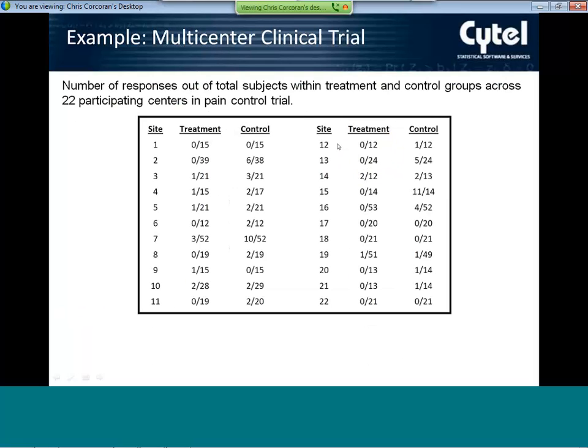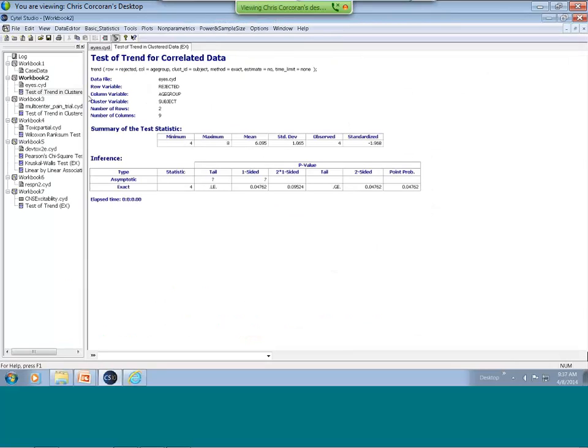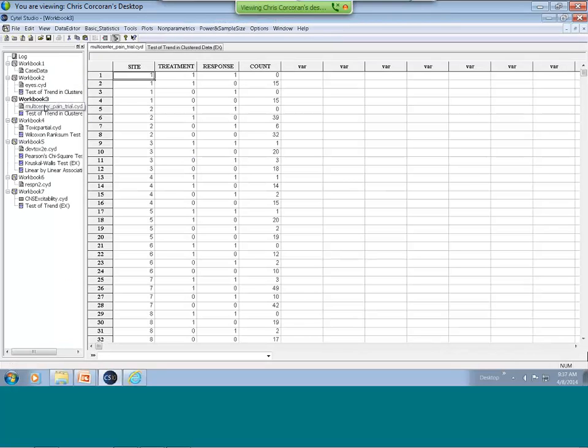Moving on to the next example, this is the multi-site pain trial that we talked about here, where we want to compare treatment to control in terms of the rates of pain after treatment. But again, the key is that we want to control for site. And so here, I've opened these data in this window.